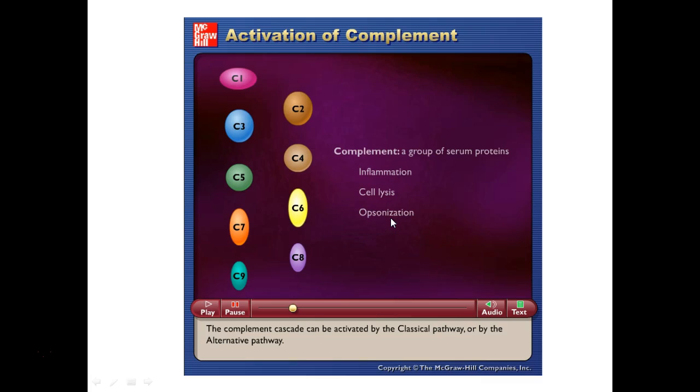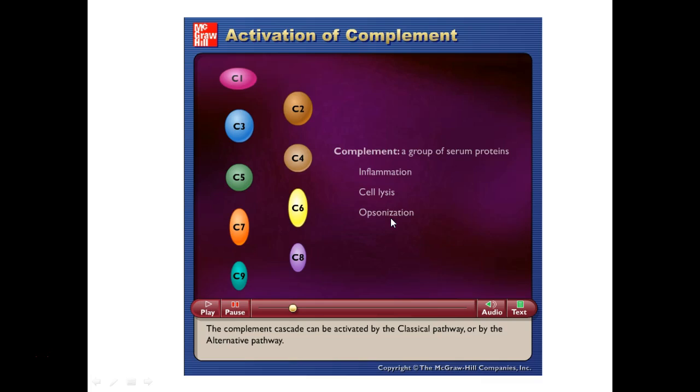And then again, the three molecules we need to know for these processes are C3a and C5a for inflammation, and C3b is the actual protein that is the opsonin, right, that tags for destruction. I don't make you guys memorize all the proteins that are involved in the MAC complex, right? Just know that it's a membrane attack complex and that it is a series of those proteins that form a donut-shaped hole.